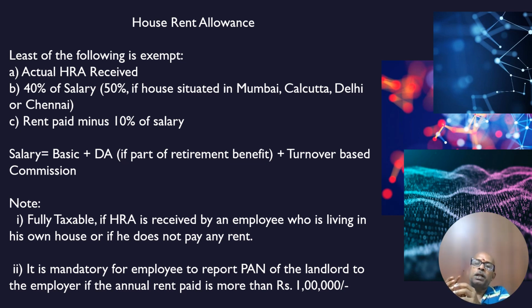And the rent paid minus 10% of salary: 10% of 40,000 is 4,000, so you deduct that, and it is 11,000. So here you get HRA as 10,000 value. Now what I am trying to say is all these three values will be calculated and the least value will be taken as deduction.